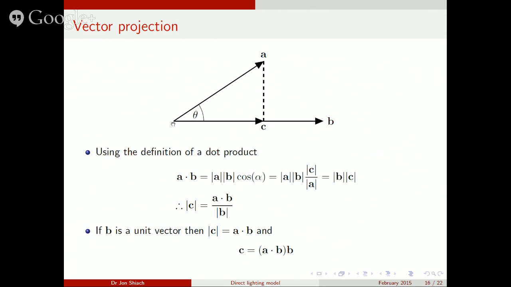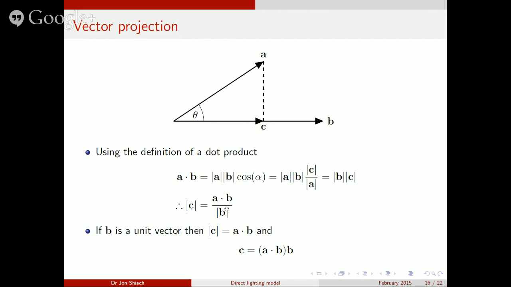The length of my adjacent side will be the length of C, which is here, and the length of the hypotenuse for this right angle triangle will be the length of A. So instead of cosine, I've got C over A. Now, of course, the magnitude of A would cancel out. So in other words, A dot B equals the magnitude of B times the magnitude of C. If I wanted the magnitude of C, which is the length of this vector, it's just A dot B over the magnitude of B.